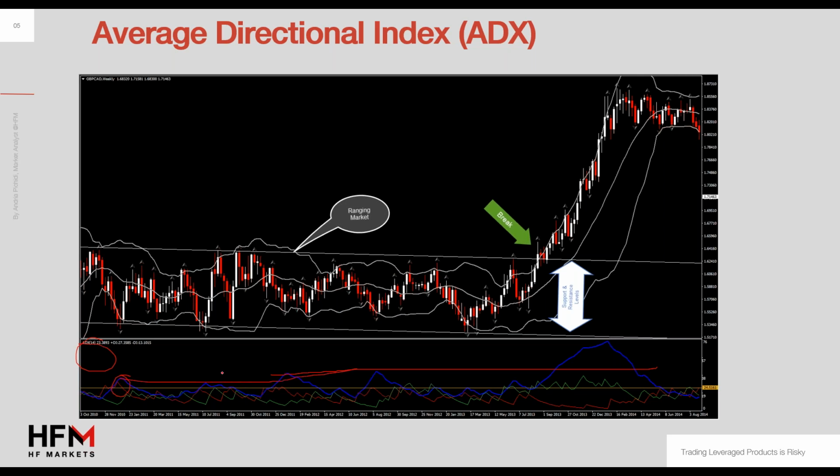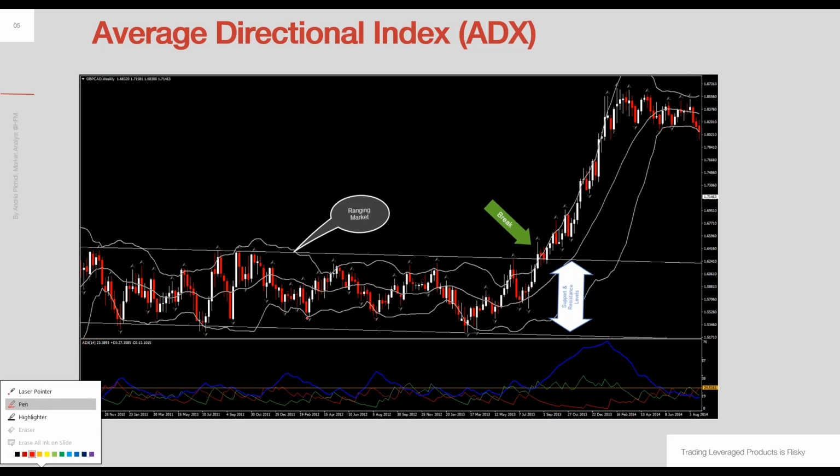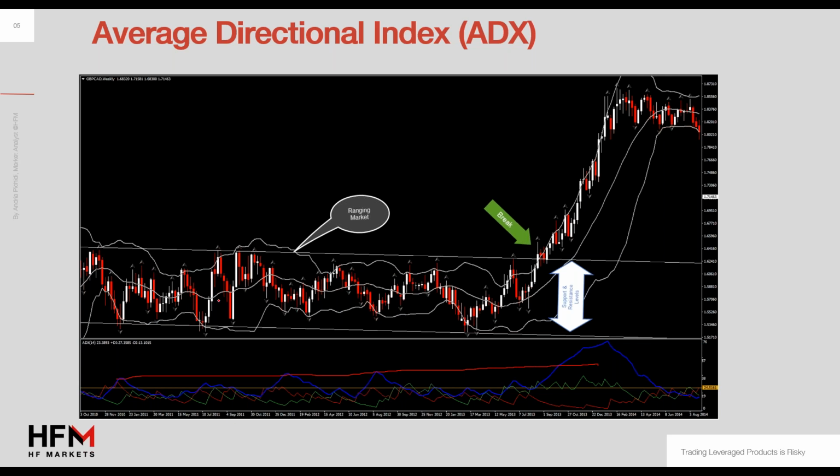I cannot draw a straight line. Erase all. I will try to do it again. If I connect the peaks of the ADX, I'll see that it was a ranging market, doing some swings higher, but failing to show me a stable long-term uptrend until this point.